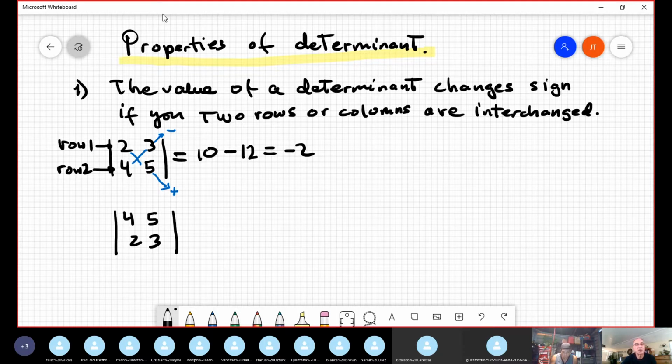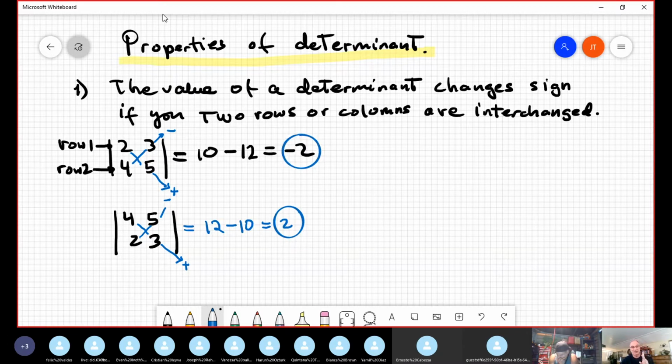Interchange two rows. Now I compute the determinant again. Now it's 12 minus 10. It's positive. Do you see? Look at the relationship.